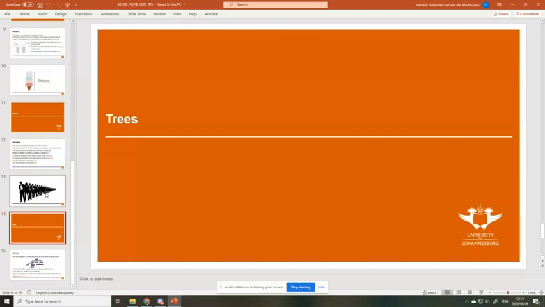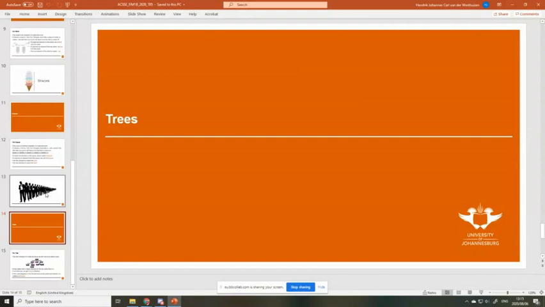As a tree grows and you have a branch of a tree, what's at the very tip of the branch normally? Leaves. Yes, that is correct.